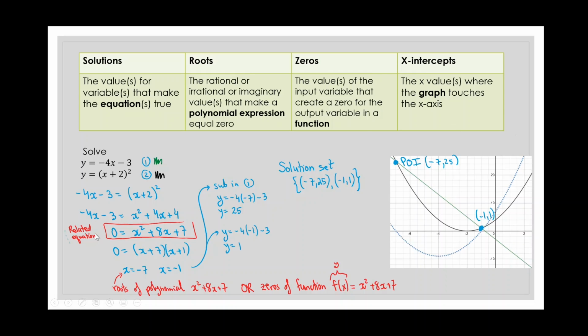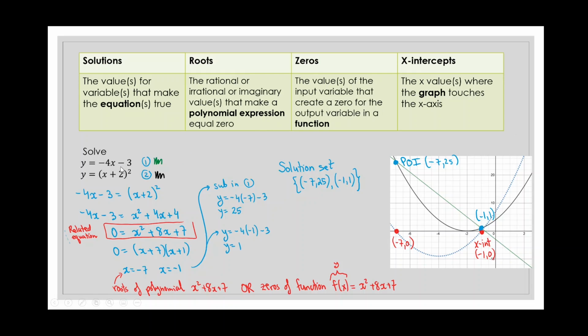Well, if we take the related equation, and I'm going to draw it in a dotted line here in blue, so this is the related equation plotted, then what you should notice is that -7 and -1, when you plot that, the x-intercepts happen to be the same x values as the points of intersection of the original system. So the x-intercepts are the x values of where the graph touches the x-axis, and those are the 4 different terms in relation to this example.